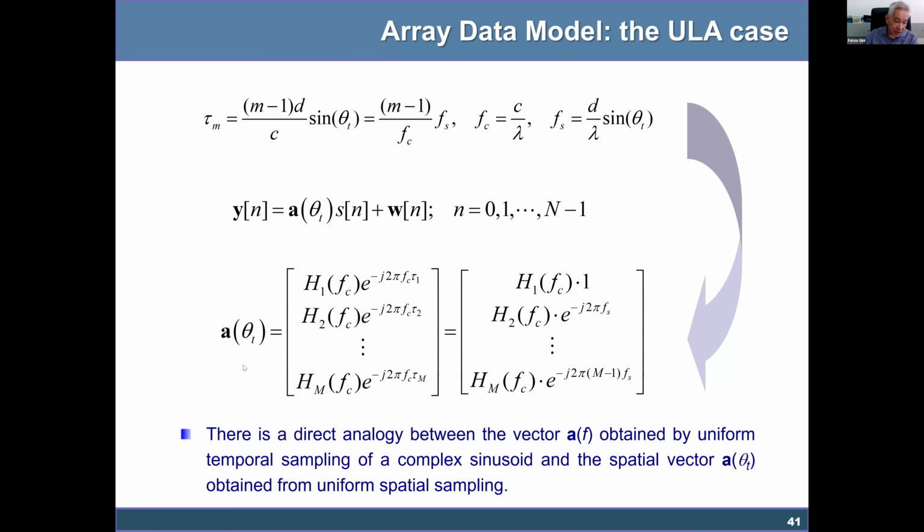So if you express the array response in terms of the spatial frequency, you get these results here. You replace tau 1, tau 2, and so on, and you express in terms of the spatial frequency. Because the spatial frequency depends on theta t, the array response depends on the direction of arrival.